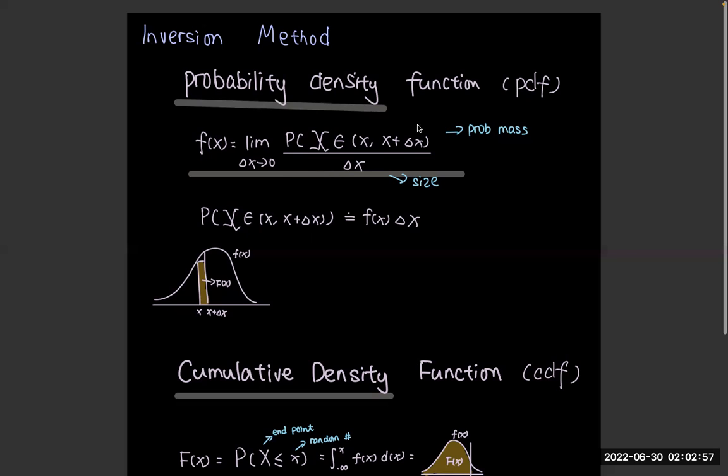And then from here, we say that the probability that X falls into the small bin is f(x) times delta x. So if we plot f(x), then f(x) times delta x will be the area of this small rectangle.